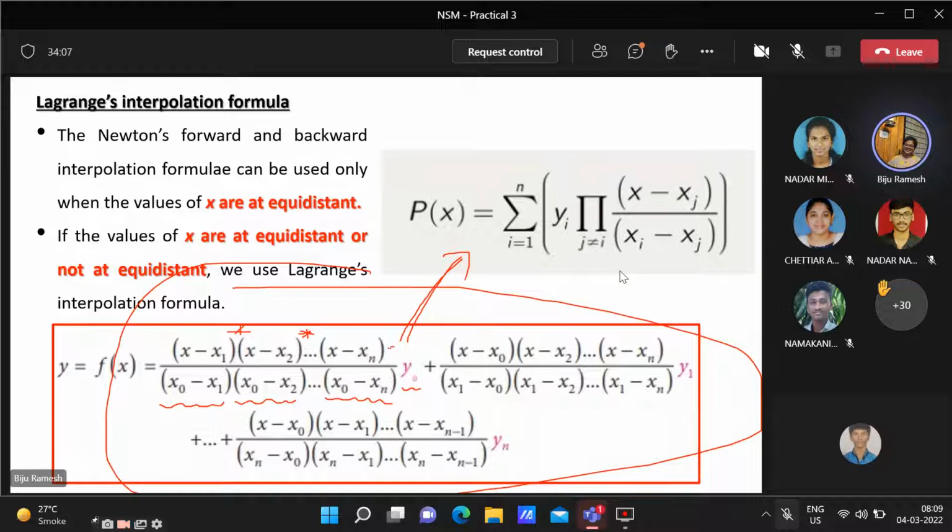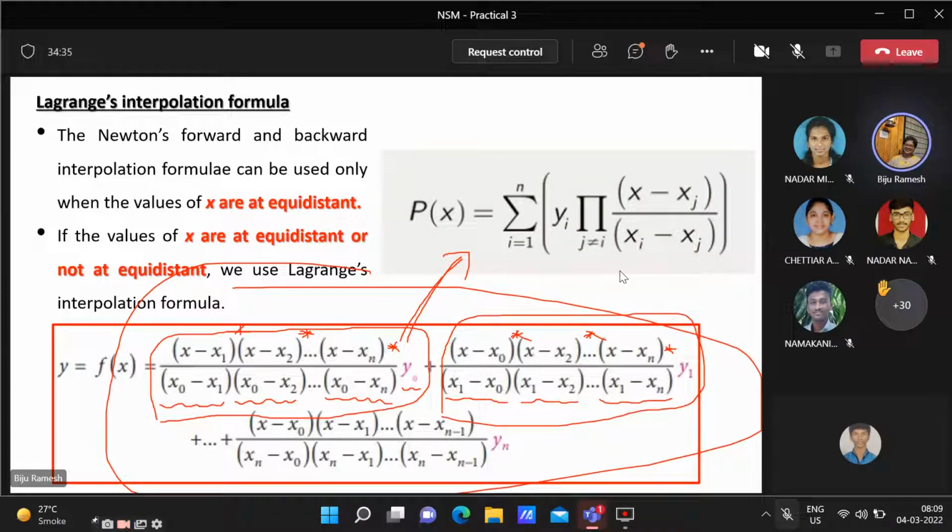In the same way, the second term is again divided into small terms. You are finding the product, and finally whatever you find here and here, they are added up. You see there is a plus symbol over here.